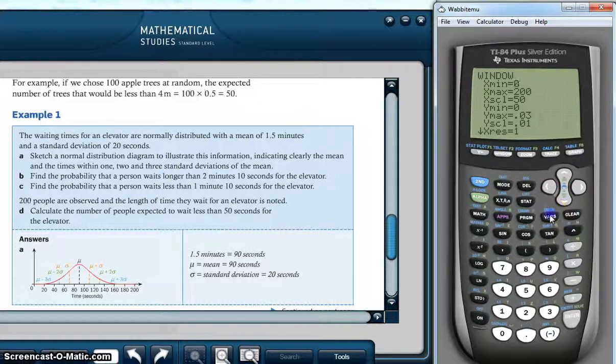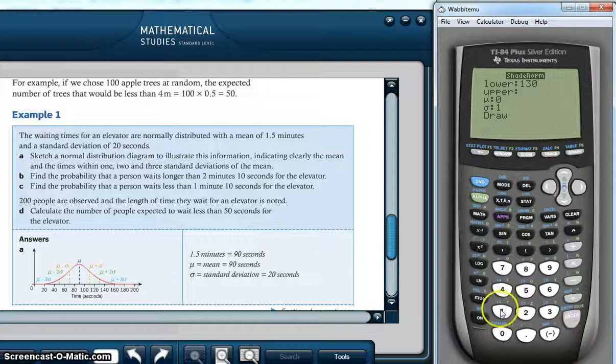Second, distribution. I'm going to go over and draw the normal shade. Okay, so it's going to shade the normal distribution with the values that I give it. So my lower bound, if I want the probability that they wait more than 2 minutes and 30 seconds, is actually 130.